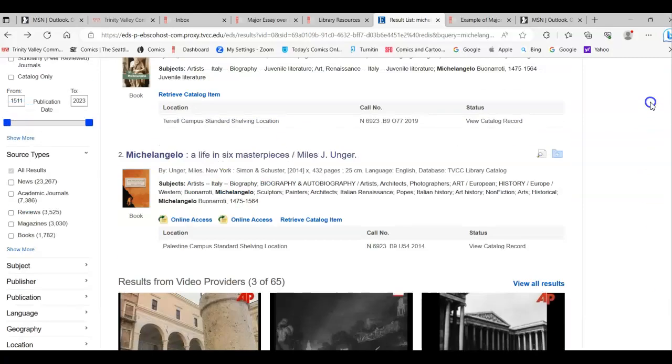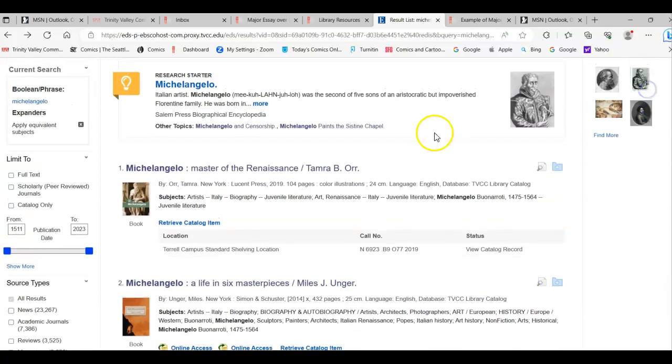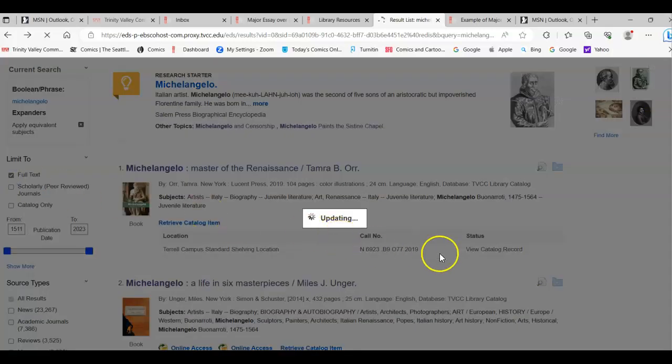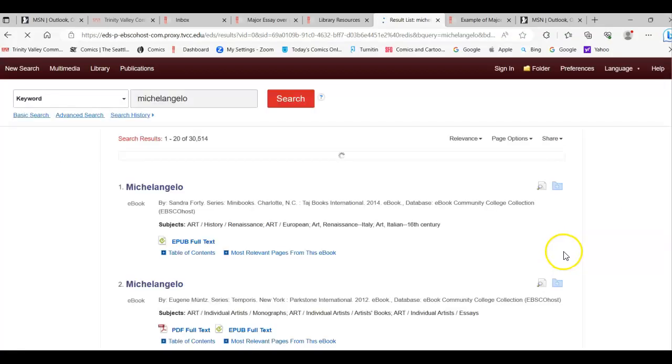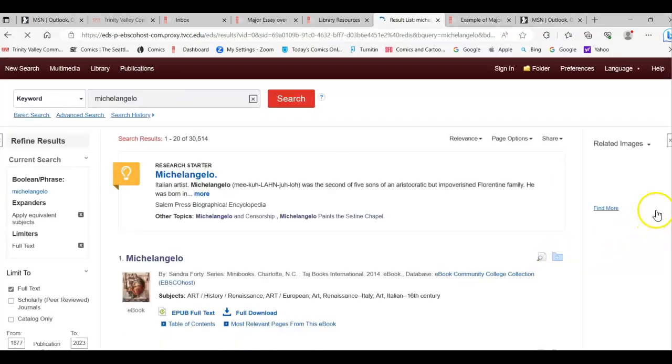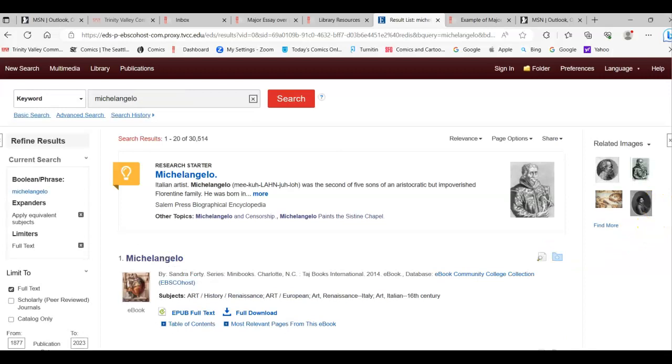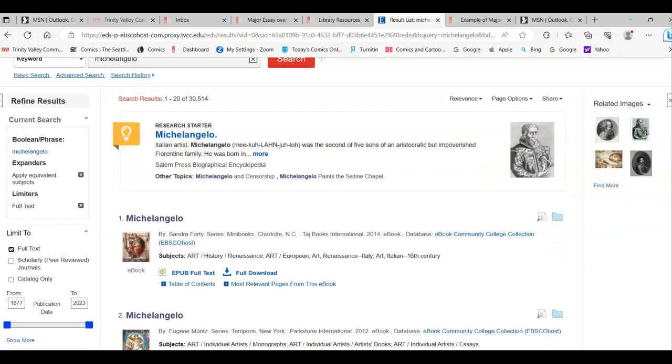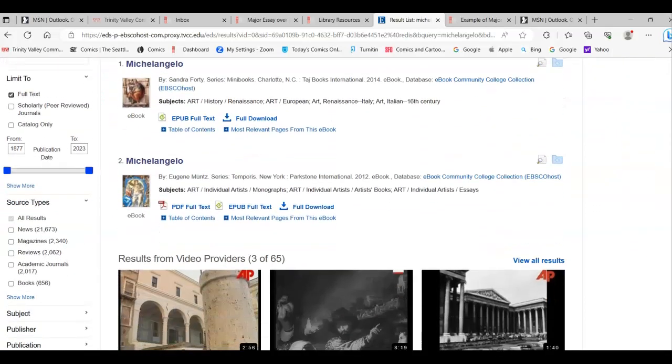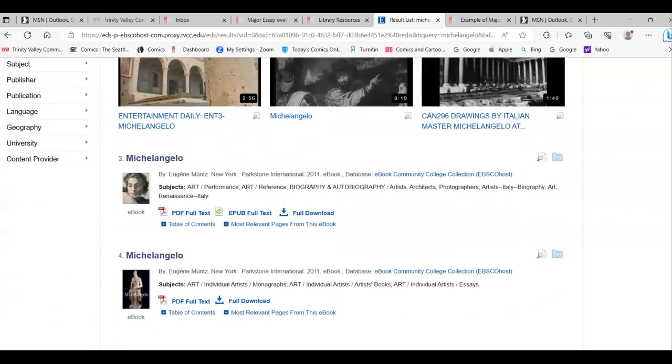We go up here and do this number. We'll just go to full text, and that should take care of some of these. Yeah, that took care of some of those. So again, you have some of these details here that you can look at.